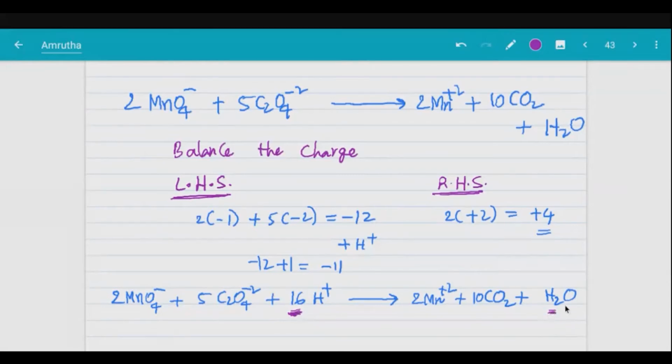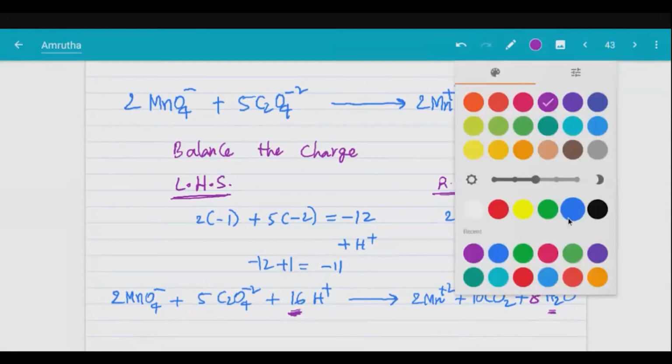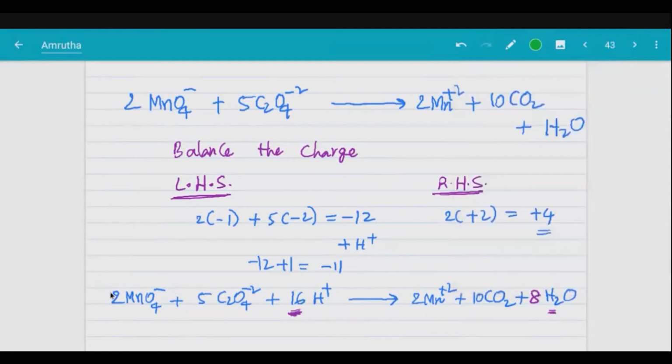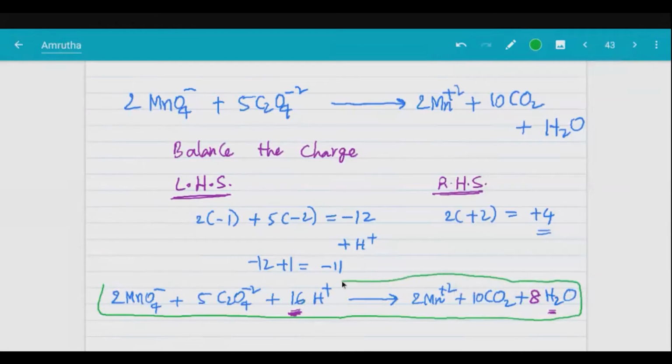Already 2 are present, so I'm multiplying with 8. Okay. Now just check everything is getting balanced. This is the final equation, right? Everything is balanced. Mn, oxygens, hydrogens, everything is balanced.